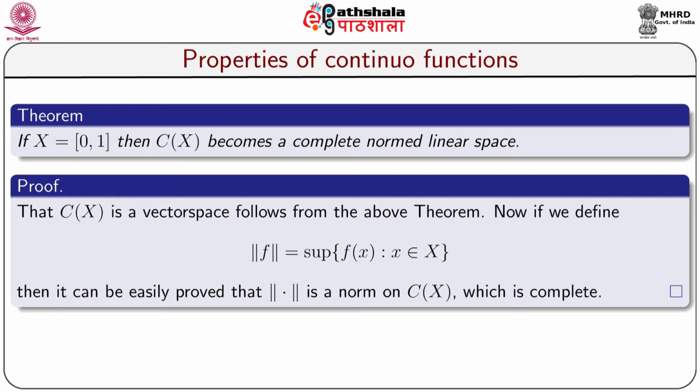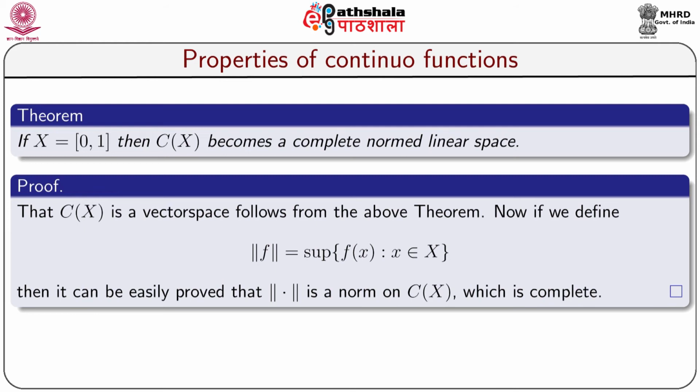Let us consider this as a theorem. Let X be the closed interval [0, 1], then C(X) becomes a complete normed linear space. Proof that C(X) is a vector space follows from the above theorem. Now, if we define norm of f is equal to supremum of |f(x)| such that x belongs to X, then it can be easily proved that this is in fact a norm on C(X) which is complete.